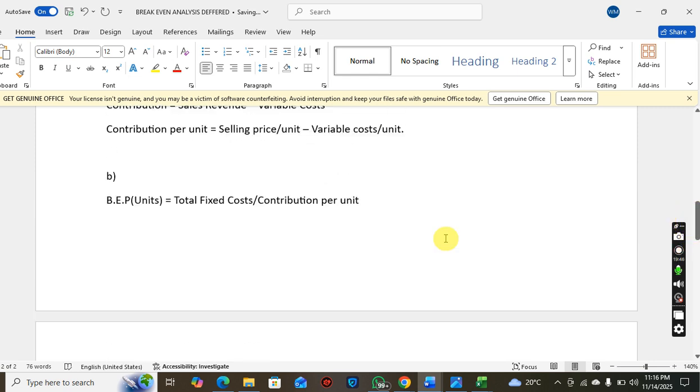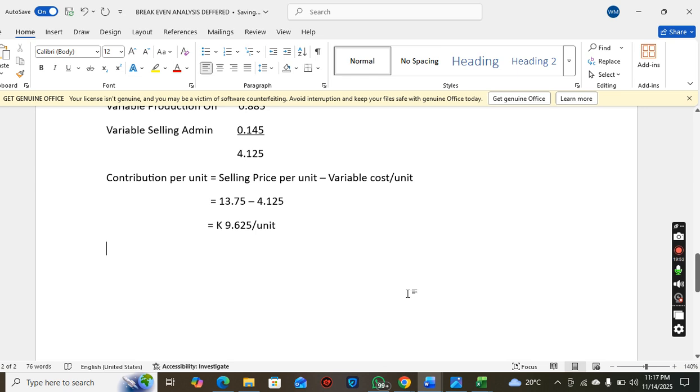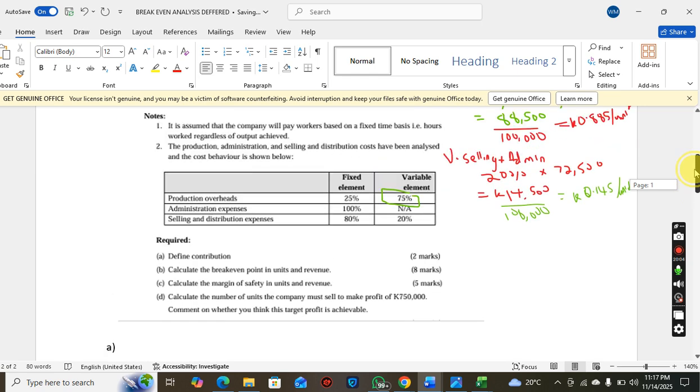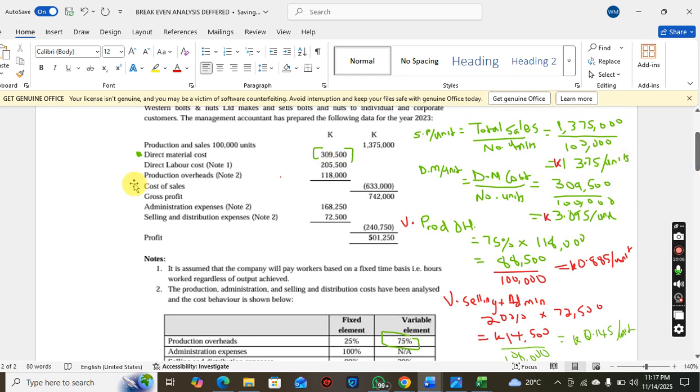So we've got our denominator. Now we need our total fixed costs. Direct labor, according to our note, it said it's a fixed cost.